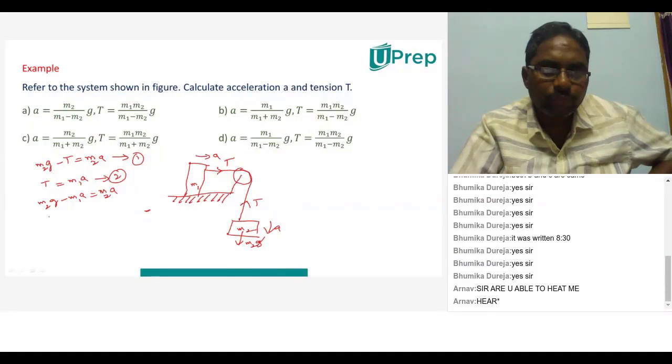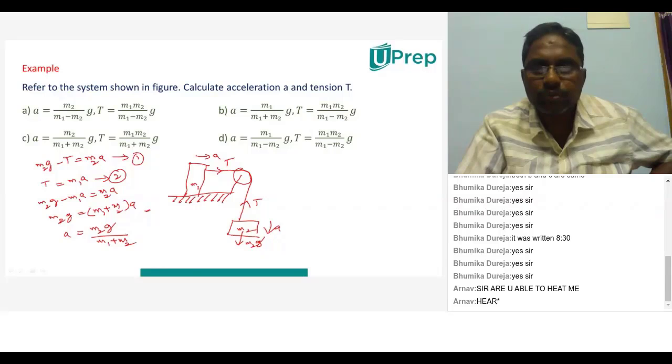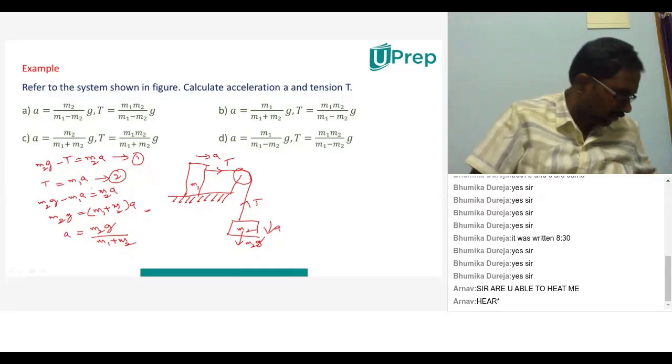Now M2G is equal to (M1 plus M2) into A. Now A is equal to M2G by M1 plus M2. Whether this formula is there, M2G by M1 plus M2? Right, C option is there, isn't it?